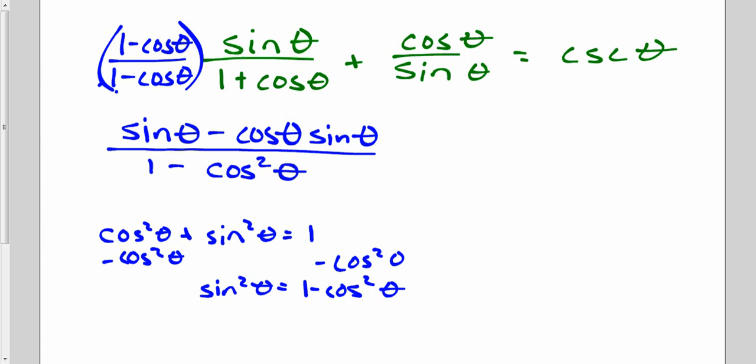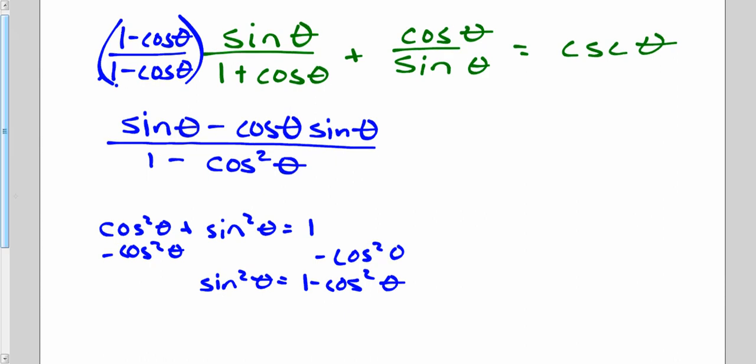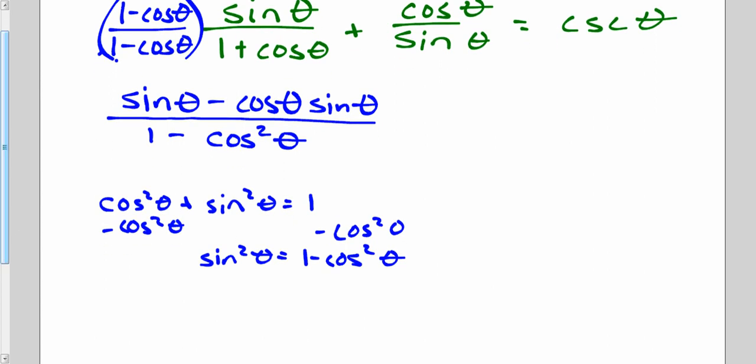So, here's what I did. I took this Pythagorean identity that I got right here, right? Cosine squared theta plus sine squared theta equals 1. And I moved my cosine over by subtracting cosine squared from both sides, right? And what do I got? I got sine squared theta equals 1 minus cosine squared theta, which looks an awful lot like my denominator in the top, right?